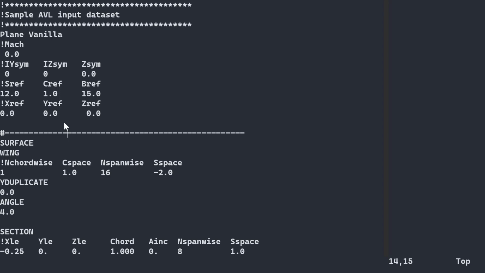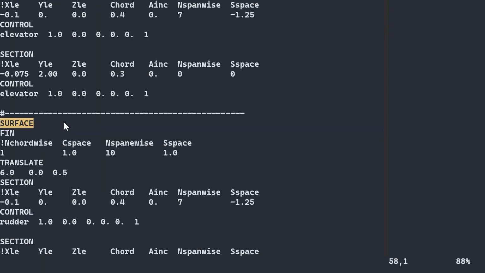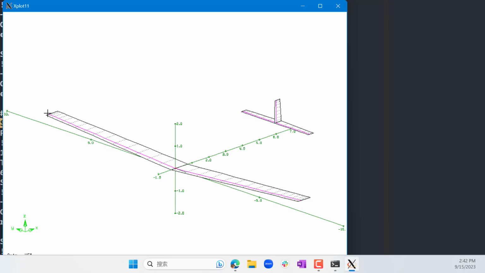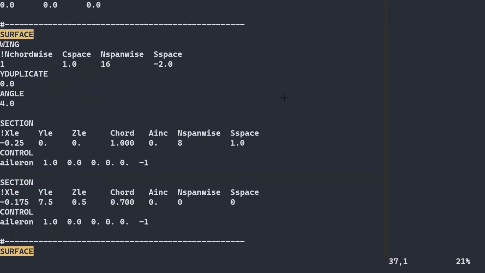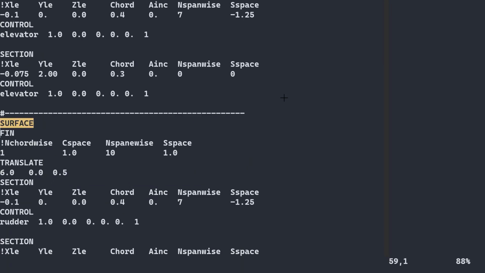So let's continue. This is the overall airplane, and beneath the overall airplane, there are several surfaces. In this one, it has 3 surfaces: 1, 2, 3. That corresponds to the main wing, the horizontal stabilizer, and the fin. So the first surface is the wing, the second one is the stab, and then the fin.